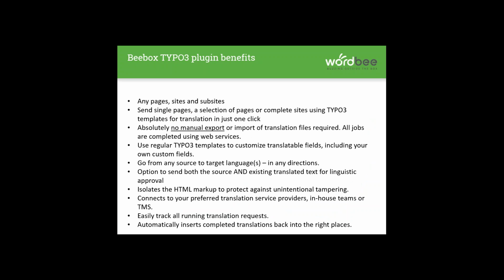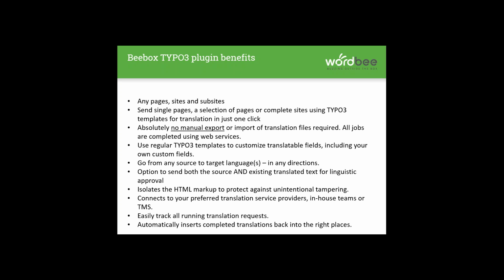It can be the complete website, or just a section, or just some pages. Thanks to the TYPO3 plugin, you will no longer have to do any manual export or import of translation files. You can make use of regular TYPO3 templates to customize translatable fields, including your own custom fields.